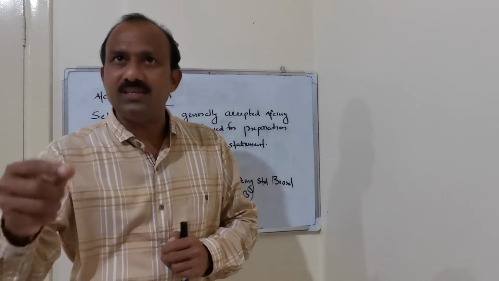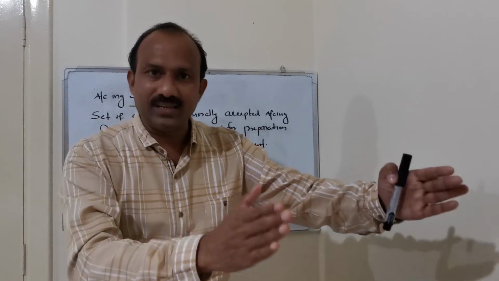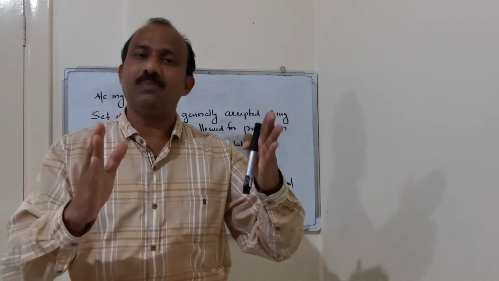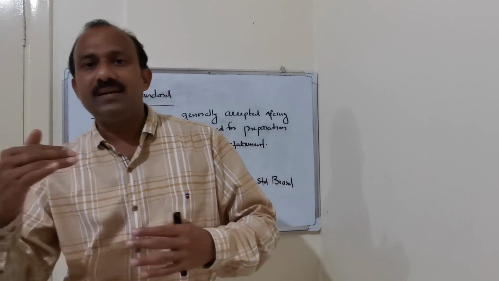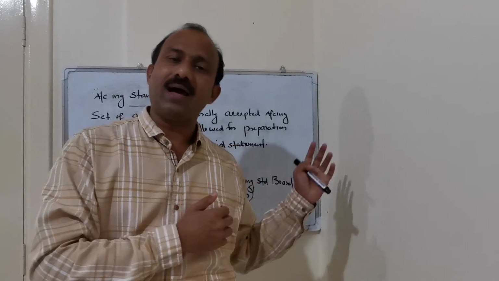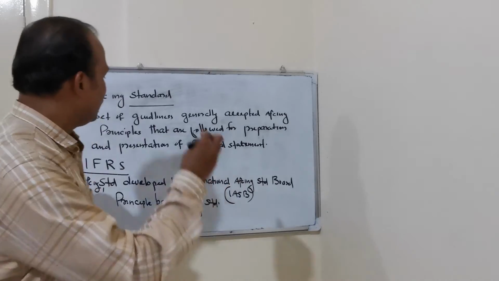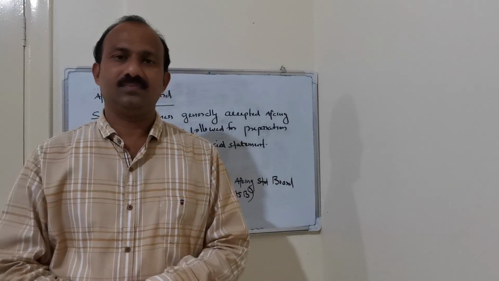International financial reporting says this should be taken like this only, depreciation will be this way, revenue recognition will be this way. So many points will be coming there. You will study them in detail in the higher classes. For example, if you are going for professional courses, you will have to study all these in detail. This is the topic from this chapter. Thank you.